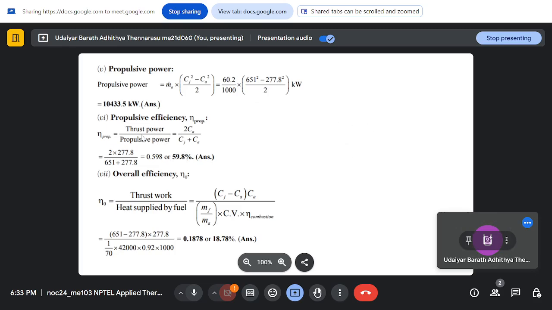If you simplify it, it will come out to be 2 times your aircraft velocity divided by the jet velocity plus aircraft velocity. So this is the simplified expression for the propulsive efficiency. Substituting the velocities, 2 into 277.8 divided by 651 plus 277.8. This comes out to be 0.598 or 59.8%. So that is the propulsive efficiency.